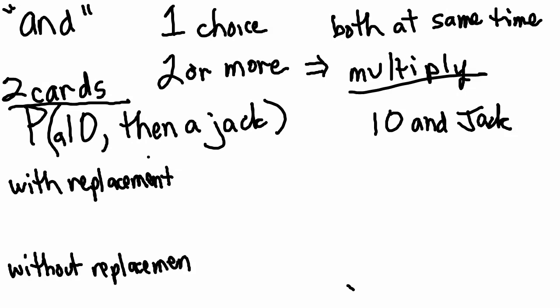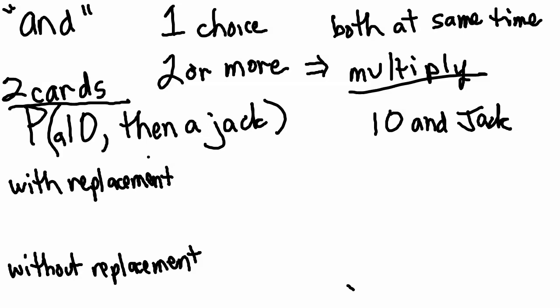Okay, again, jump in if you have questions. Okay, so with replacement means once you pick a card, you put it back. You replace it. You put it back in the deck. So if you start with 52 cards and you pick it with replacement, you put it back on your next pick, you still have 52 cards.